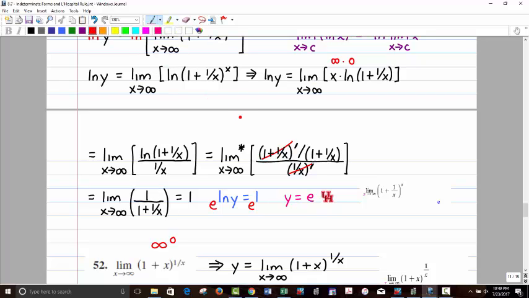Because they're not the exact same looking things algebraically, and that's true. But if you think about it, their derivatives would be the same. That's all that matters. I'm canceling the derivatives. The derivative of 1 plus 1 over x is the exact same thing as the derivative of 1 over x, because the derivative of 1 is 0. So that part wouldn't make any difference. So even though they didn't look the same, their derivatives still cancel.